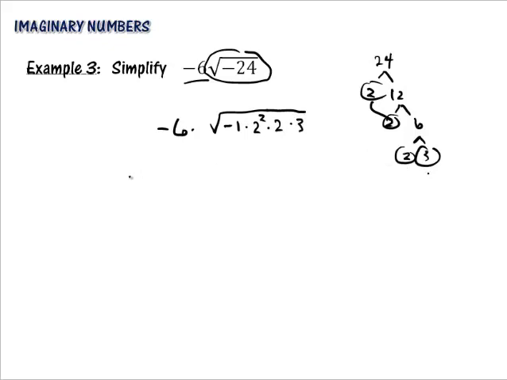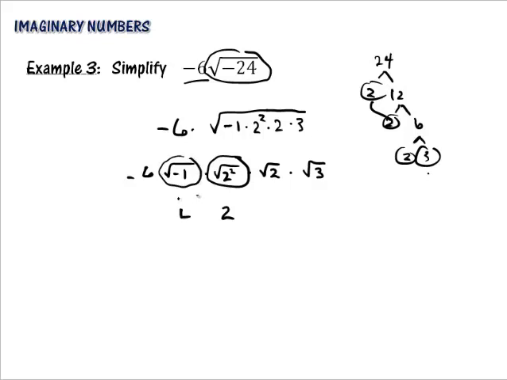So that's negative 6 times the square root of negative 1 times the square root of 2 squared times the square root of 2 times the square root of 3. The square root of 2 squared is just 2. The square root of negative 1 is our i.